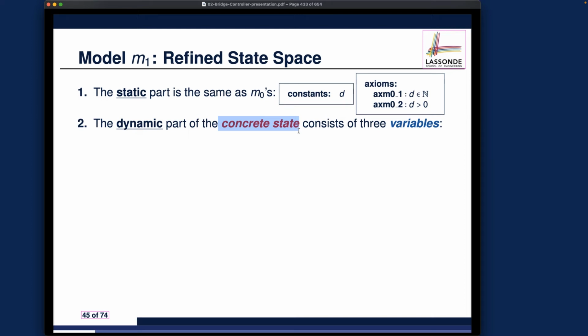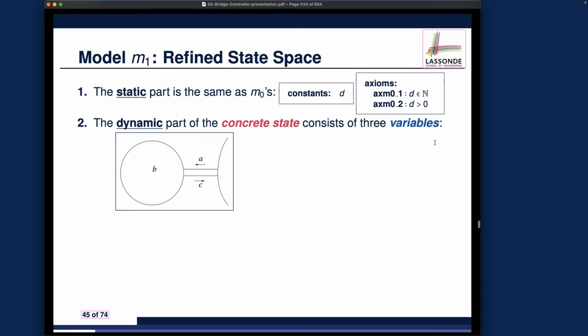Since now we talk about M1, the first refinement, M0, the initial abstract model, has the abstract states, which contain only the variable n, right? But now we have the concrete states with more variables. Let's see, we have 3 variables over here. Think about exactly what these 3 are going to represent. In some way, they are very consistent with the initial model, adding more details. Right, so this is a very important schematic view of the 3 variables.